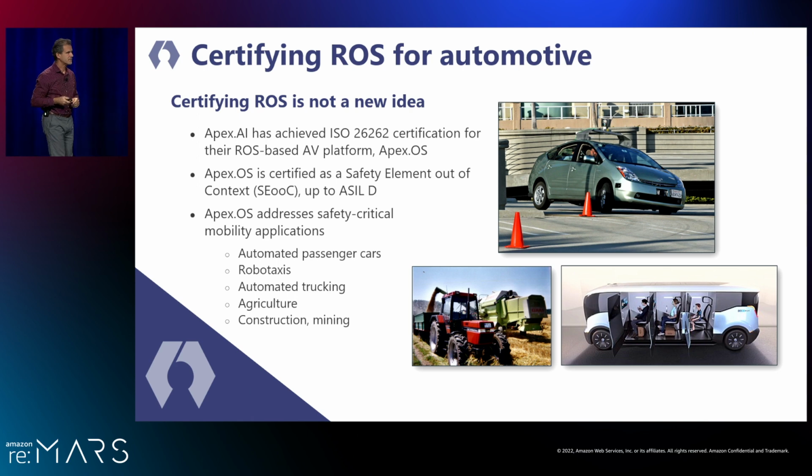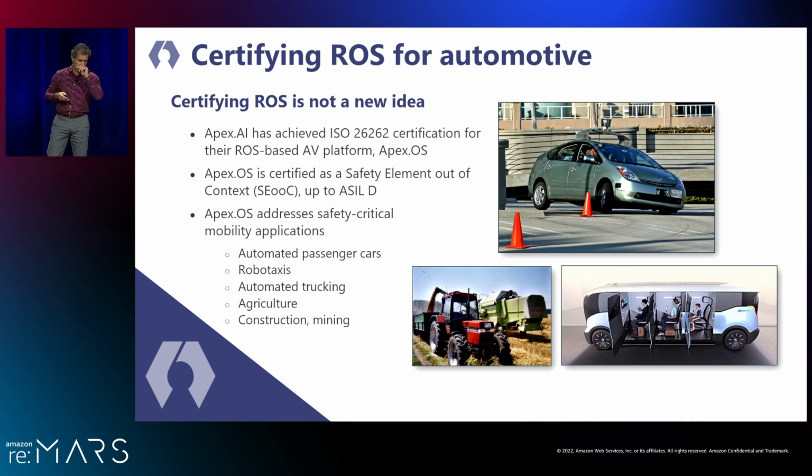And so certifying software like this is obviously a really large task, but it's been done before. So this is not a new idea. ROS has been certified for the automotive industry. The company Apex AI has achieved ISO 26262 certification, which is kind of the automotive version of the aerospace standards. Each industry has its own standards by which you have to conform to achieve that level of safety certification.